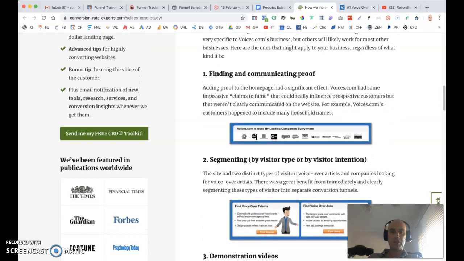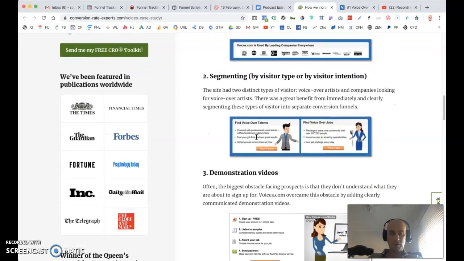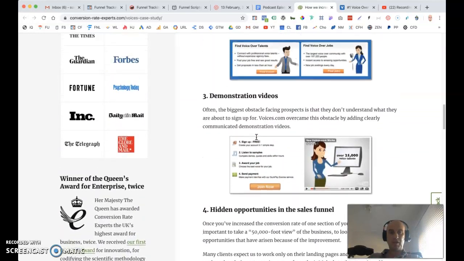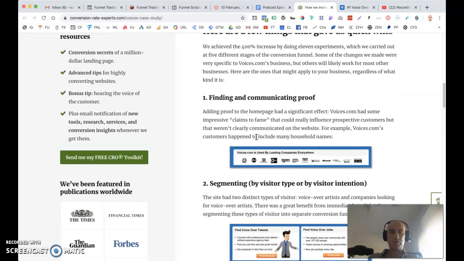So in this particular case, they come up with 4 of them, and the first of those was to find and communicate proof. So they wanted to add proof to the homepage.